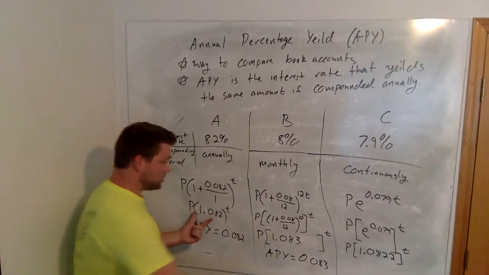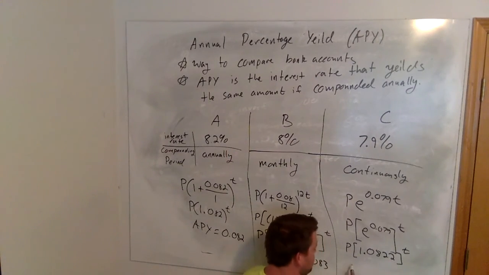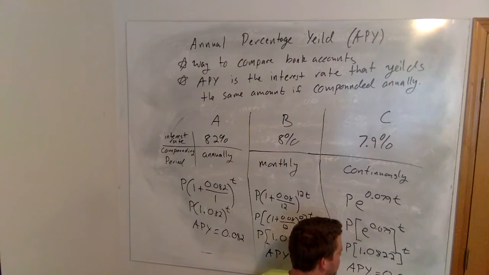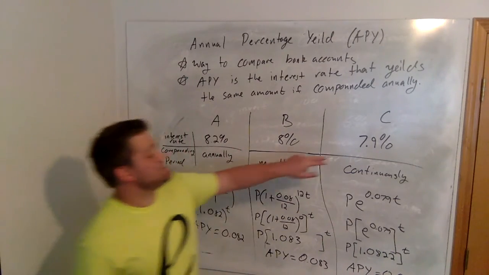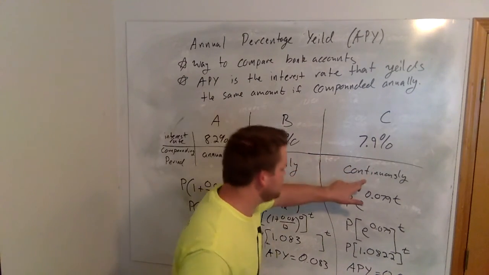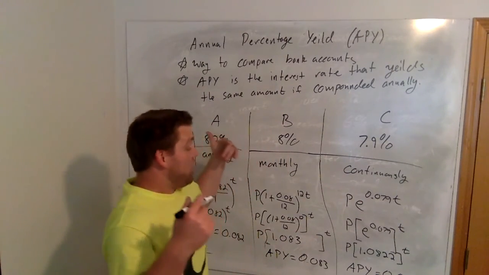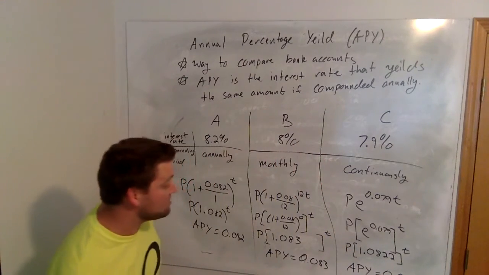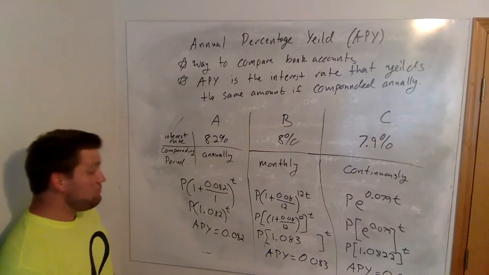These look the same, except over here our APY would be 0.0822. So compounding at 7.9% continuously is equivalent to compounding with an interest rate of 8.22% annually.